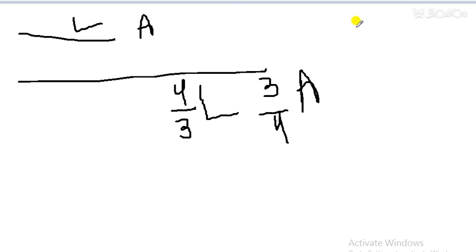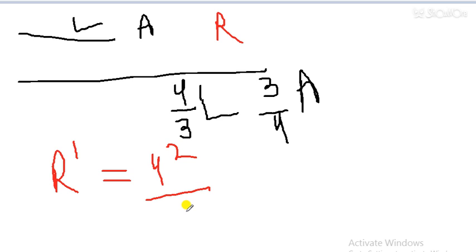So its resistance is, let's suppose R. R is equal to rho into L upon A. Then R dash will be equal to rho into 4L by 3 upon 3A by 4. So you can see its answer will be 4 square by 3 square into R. So you can see the answer will be 16 by 9 R.